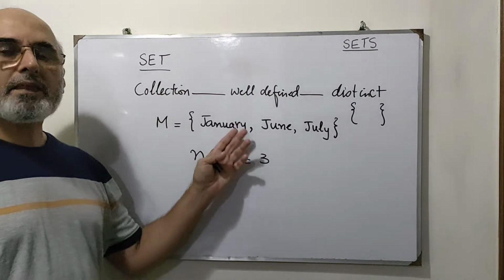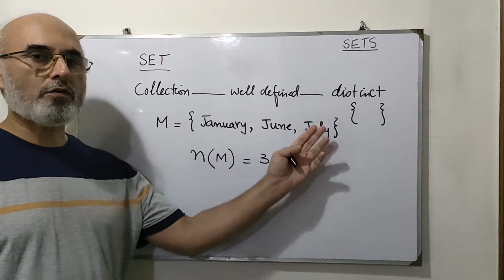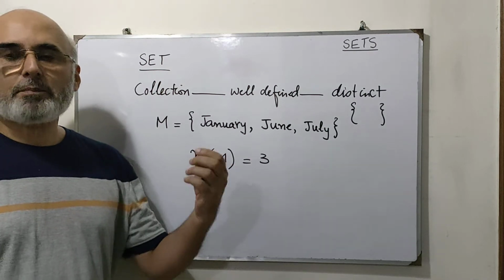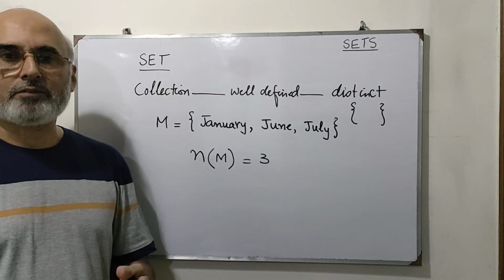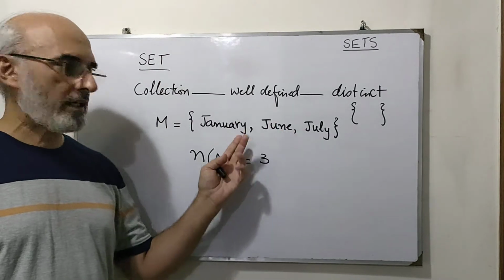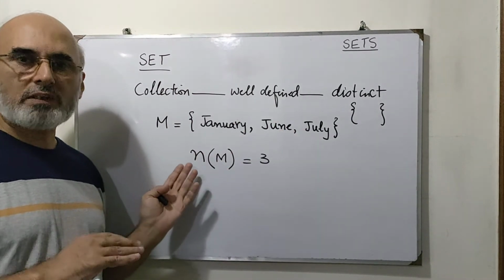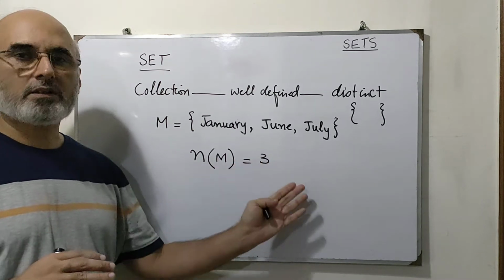This is a way of expressing how many elements or members are within this set, right? So in this set there are 3 elements. So n(M), the number of elements within the set M, equals 3.